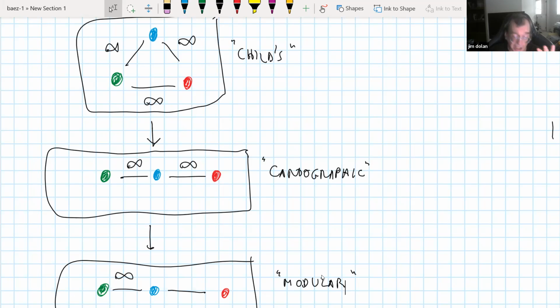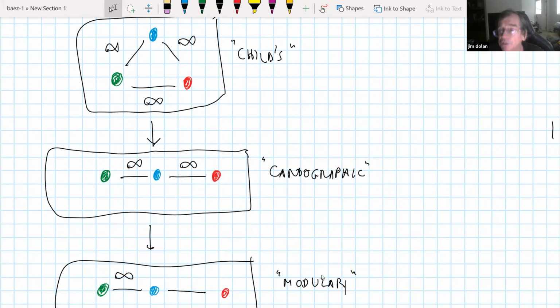What we're actually doing is supposed to be Cartesian product, but it's more like fibered product over the terminal one. It's pullback over the terminal one. So it's the fibered product of these child's drawings, thinking of them as living over the Riemann sphere.